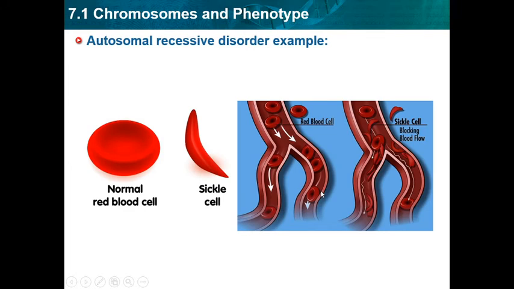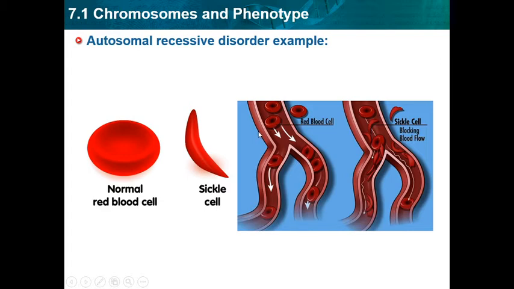Okay, let's try to have some idea about the disorders, like sickle cell. The sickle cell disease is like this one, like a sickle. The shape of a normal red blood cell is this one. And the sickle cell is shaped like a banana, like this one.